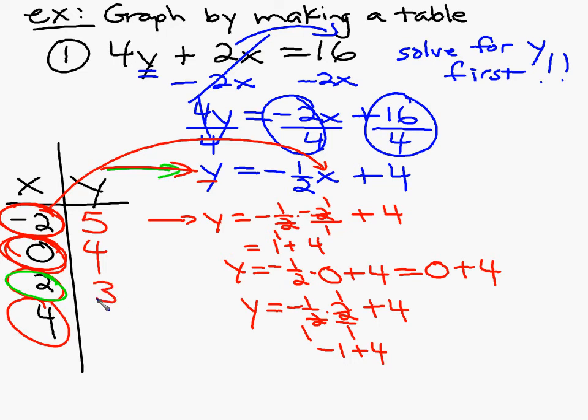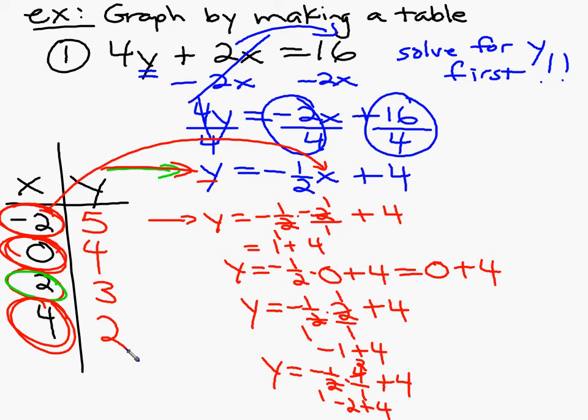I have one more x value to plug in, the 4. So y equals negative 1/2 times 4 over 1 plus 4. Do my factoring this time. 2 divided by 2 is 1. 4 divided by 2 is 2. Negative 2 plus 4 is 2.